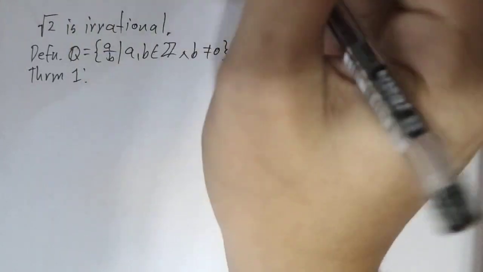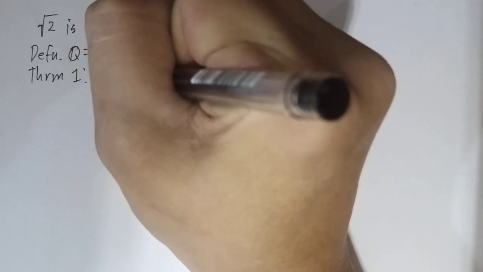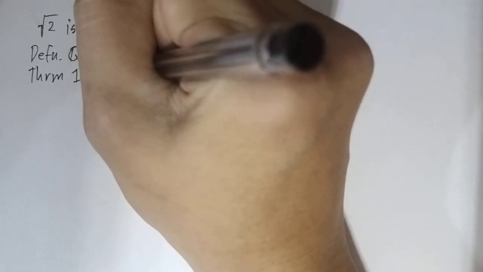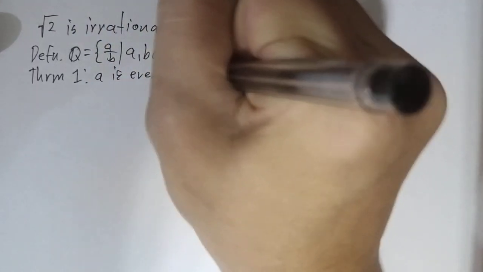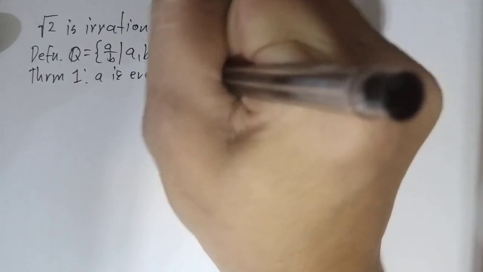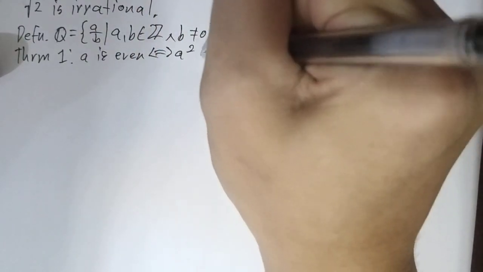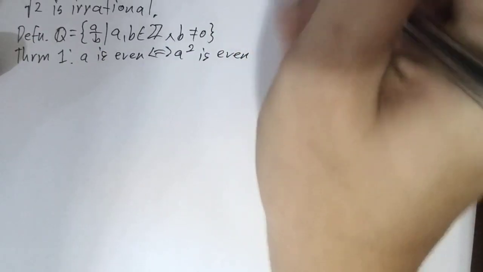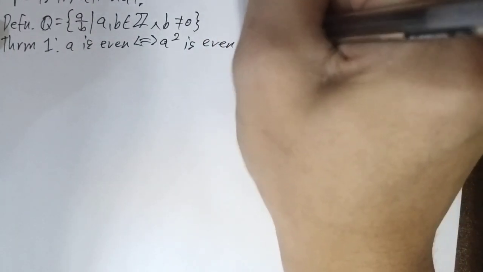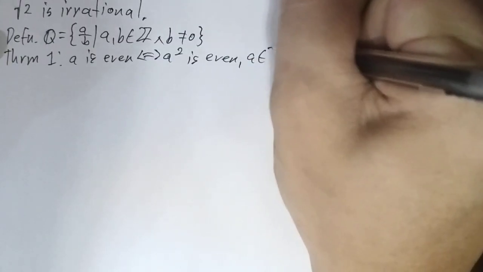Next, a theorem. Theorem 1: a is even if and only if a squared is even, in which of course a is also an integer.